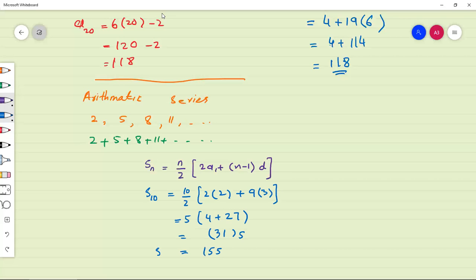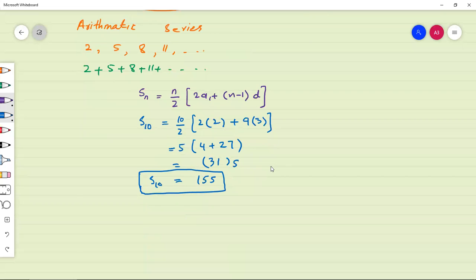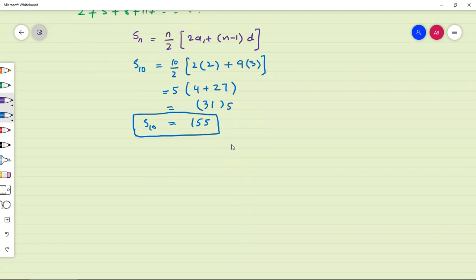This is the sum of the first 10 terms. If we put a plus sign between the terms of an arithmetic sequence, that is called an arithmetic series.